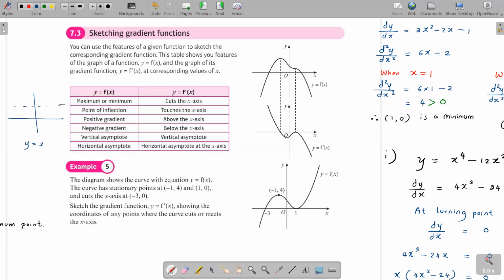This is a horizontal asymptote, right? So when you make the gradient f dash x graph, the horizontal asymptote converts to the x-axis. You need to remember these conversions. And if you have a vertical asymptote, does it change? Wherever it is, it will not change.